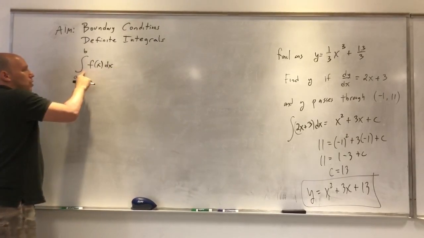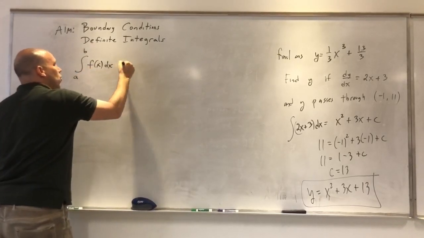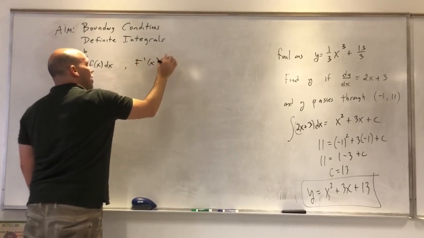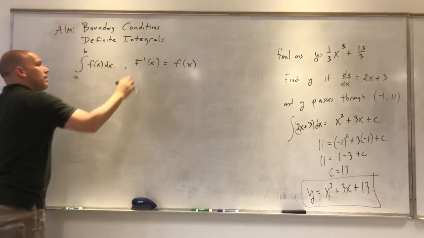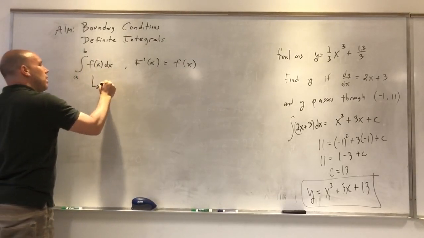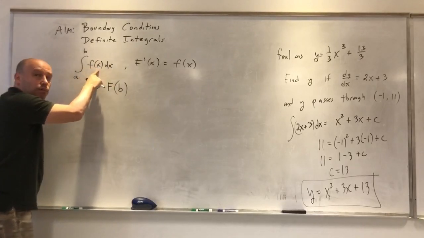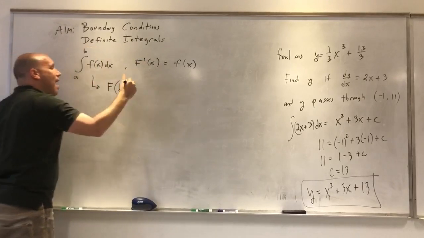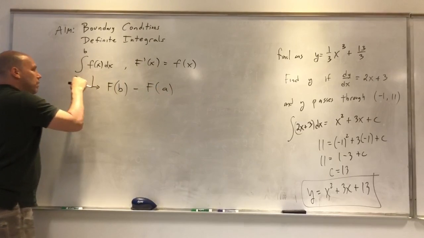What you're going to do is take the integral. Let's say there's a function big F of x whose derivative is our original f of x. Then this is equal to big F of b. You take the integral, which becomes big F of x, plug the b in, and then subtract off the a.